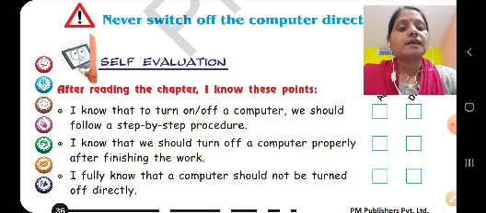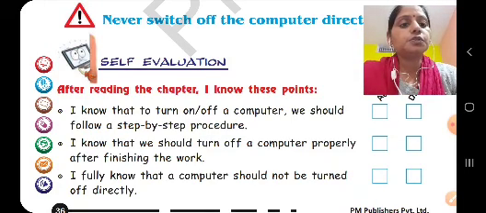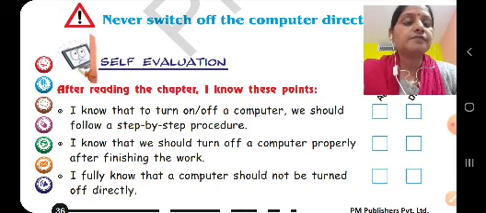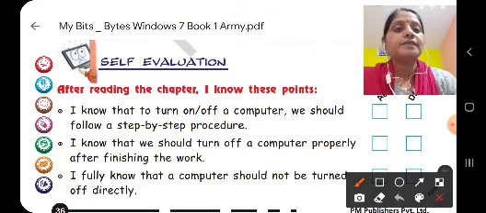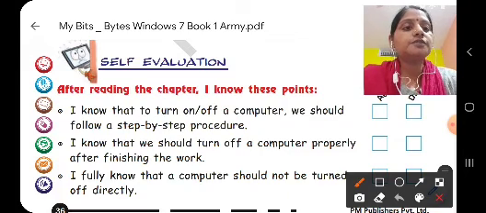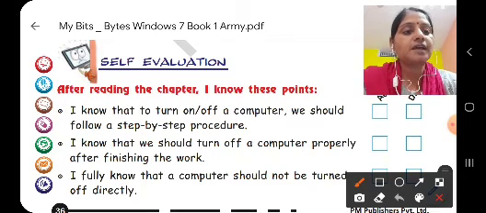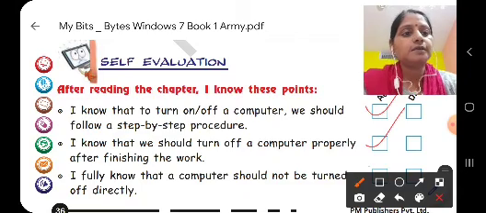So children, I fully know that the computer should not be turned off directly. After completing the chapter, we have also understood that we should not turn off the computer directly. हमें computer को directly बंद नहीं करना है. So children, these are the points which we have understood from the chapter, and we agree with all the 3 points.